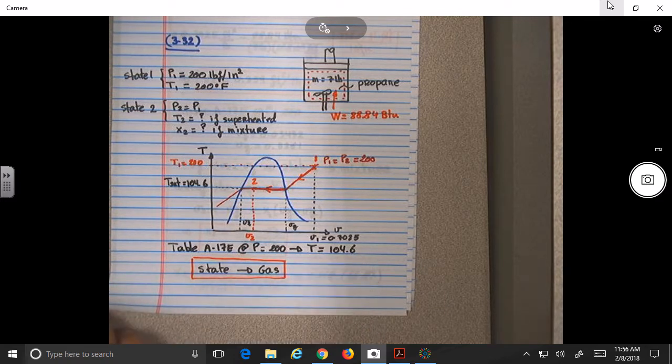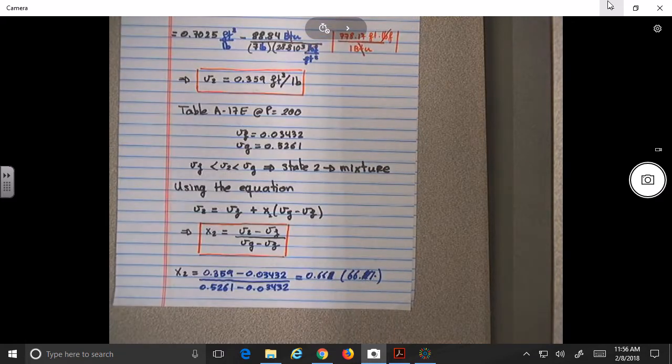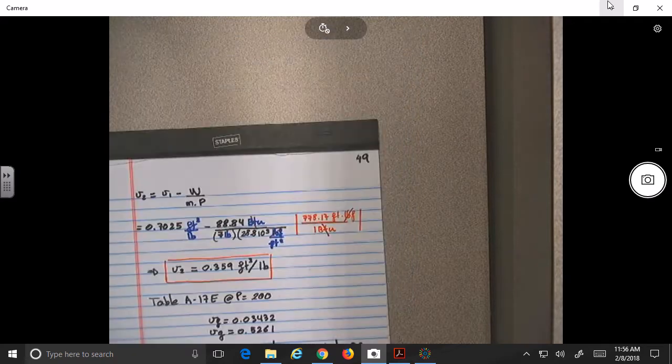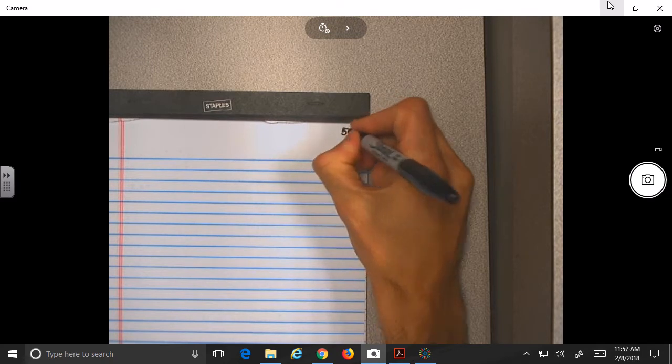This is the most important page, the page which is going to help you to solve the problem. So page 50.